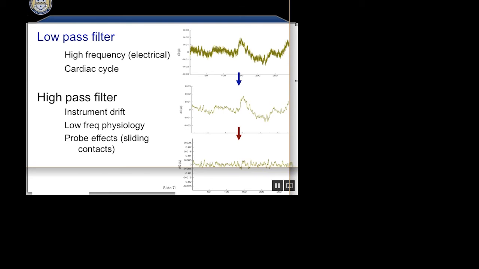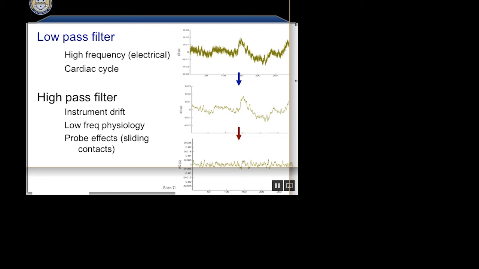Cardiac, easy. 1 hertz, you can remove it safely without really affecting your hemodynamic response. Blood pressure, respiratory, because the frequencies overlap with the frequencies of my hemodynamic response, it's a lot more troublesome. I have a hard time designing a filter that's going to safely remove all of that physiology and have confidence that I'm leaving the signal I care about untouched.